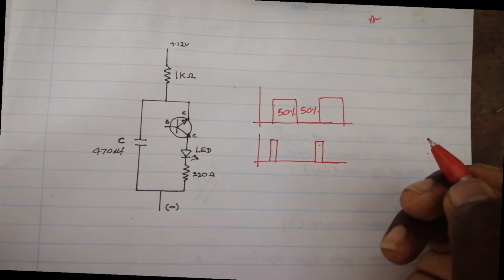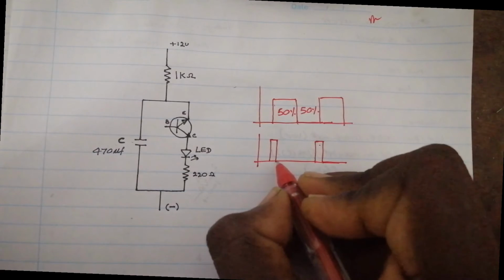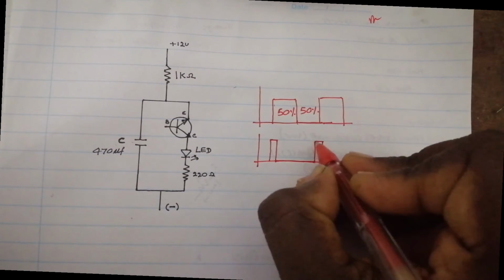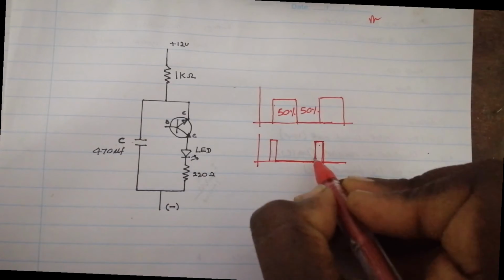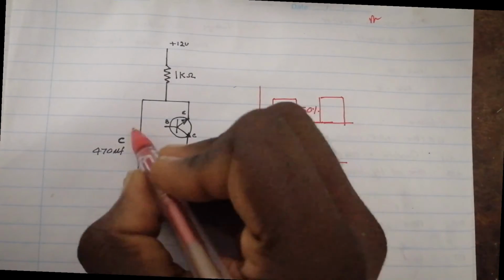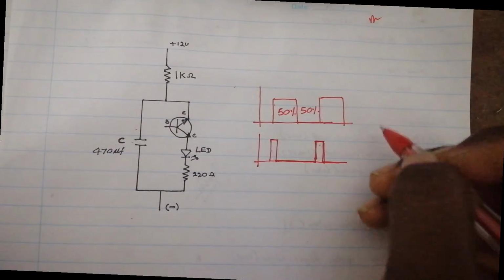In order to do that, I increase the turn off time and decrease the turn on time. The turn off time depends on the charging cycle of this capacitor. In order to make this happen, I increase the resistive value up to 10 kilo ohms.